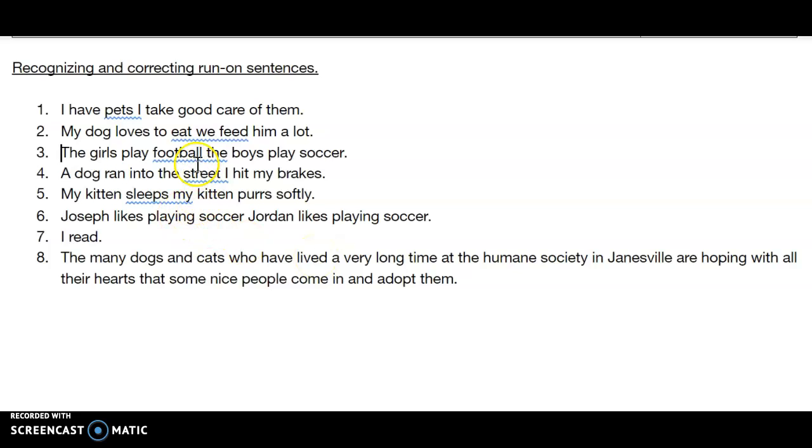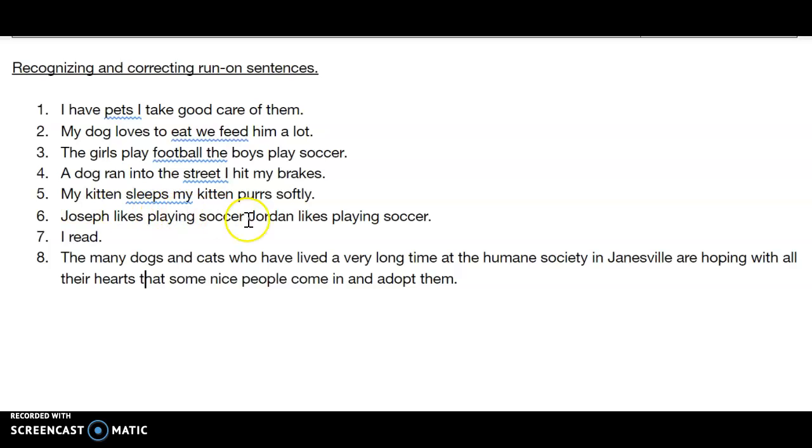Although the girls play football, comma, the boys play soccer. It's a little weird, but it would work. Number 4, a dog ran into the street. I hit my brakes. Again, any of those situations we could do. So a dog ran into the street, semicolon, I hit my brakes, or comma, so I hit my brakes, etc.